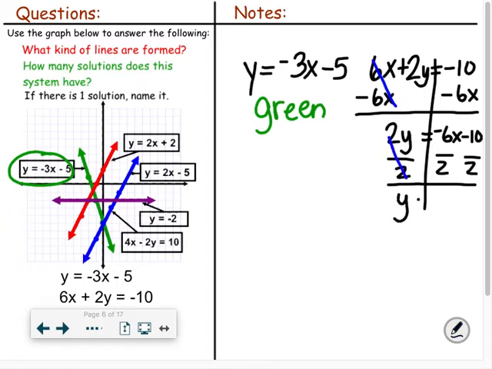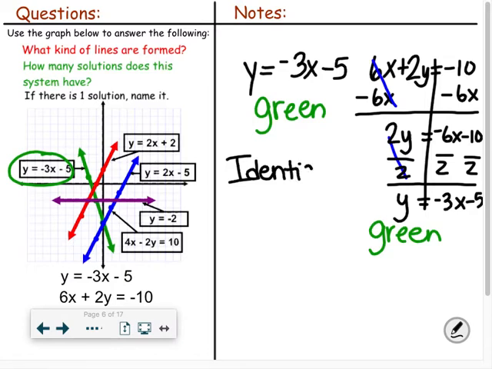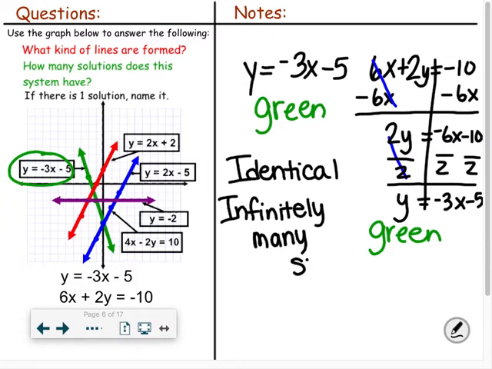So y equals negative 3x minus 5, which happens to be the same as our first equation now, so it's also green. So these lines are identical, and there are infinitely many solutions.